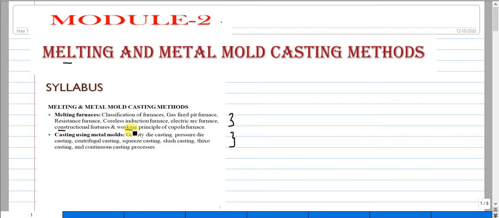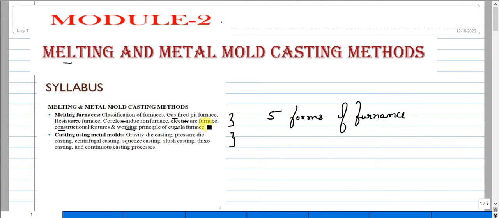Only these two concepts we will discuss: constructional features and working principle of gas fired, resistance, coreless induction, electric and cupola. You can see here one more. In total, 1, 2, 3, 4, 5 forms of furnace.